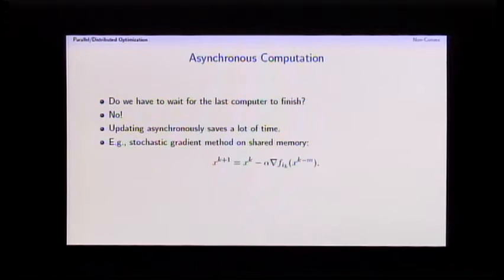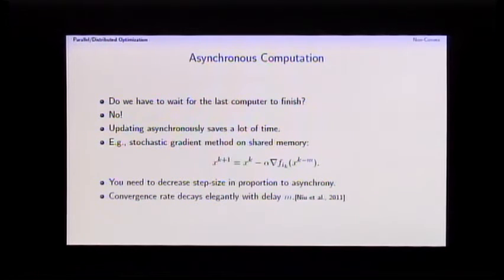And so what you can think of doing is having each one go grab an example, do the stochastic gradient update, and update the memory, update your x_k in RAM. And the 16 are just doing this simultaneously, and none of them is waiting for the other. It's especially important if you have sparse data, where some vectors might be much more sparse than others. So some of these might take a long time, some of them may take a short time. You don't want to wait for things to finish.